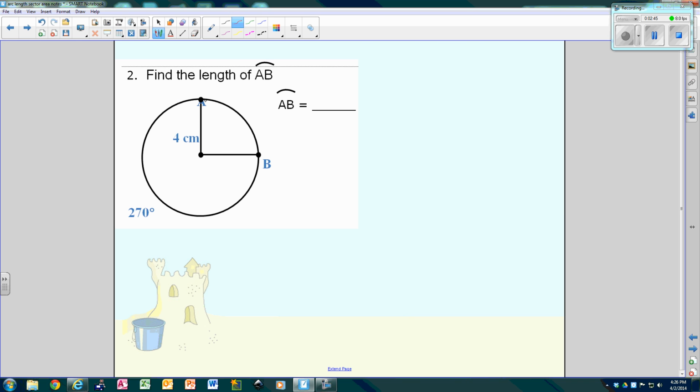Number 2, find the length of the arc that goes from A to B. From this A around to B is 270. So 360 minus 270 is 90. So this is a 90-degree angle, a 90-degree arc. Remember the formula is the measure of the arc over 360, part over whole, equals the length over circumference, 2 pi 4.